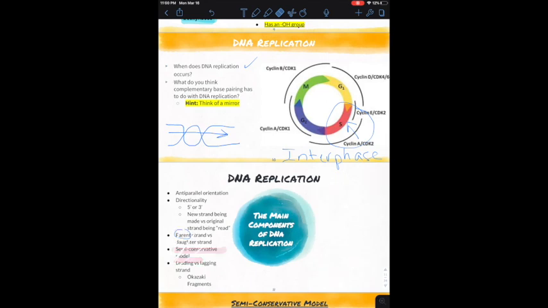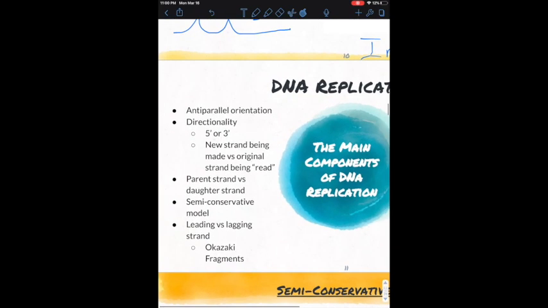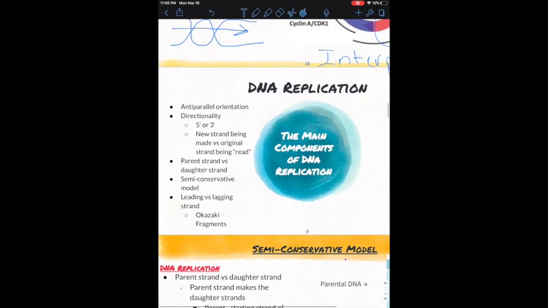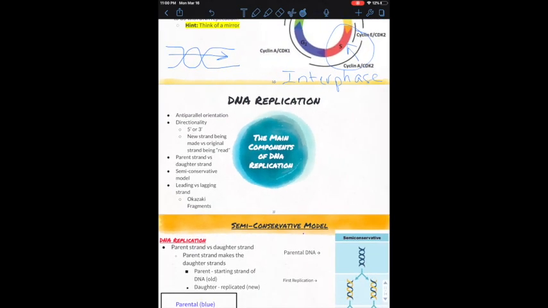Just to briefly review some things that you heard already in the Amoeba Sisters video that are important for DNA replication: DNA runs in an anti-parallel orientation. That means that one strand is going from 5' to 3', and the other strand of DNA is going from 3' to 5'.